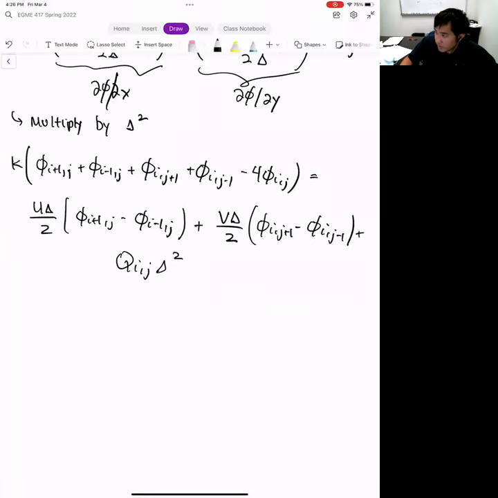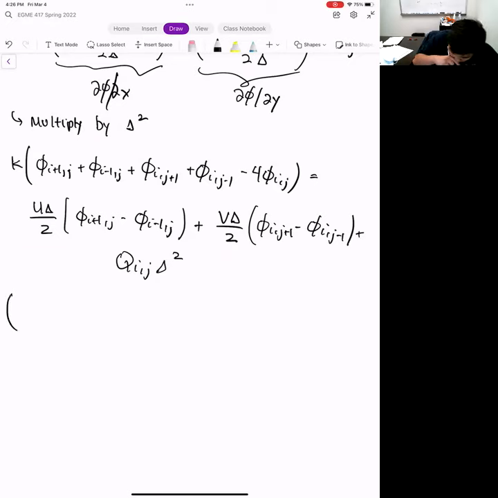All right, so we're almost done, and so let's move all the phi terms to the other side of the equation. All of the convection phis we're going to move to the other side, and group them all together.